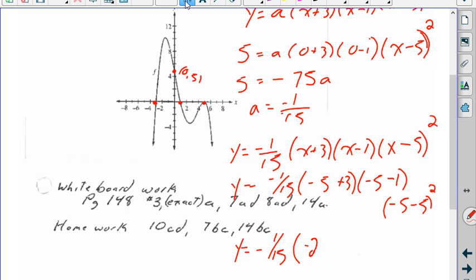We have negative 2 times negative 6 times negative 10 squared.